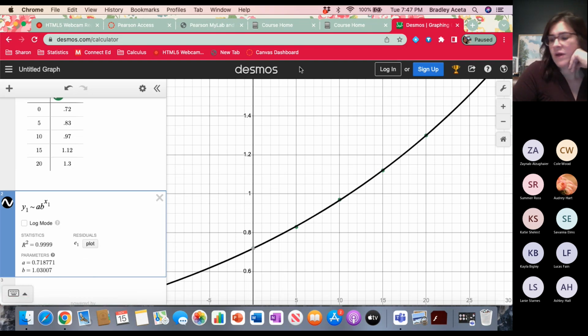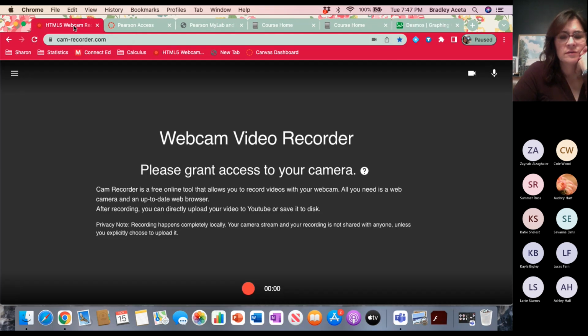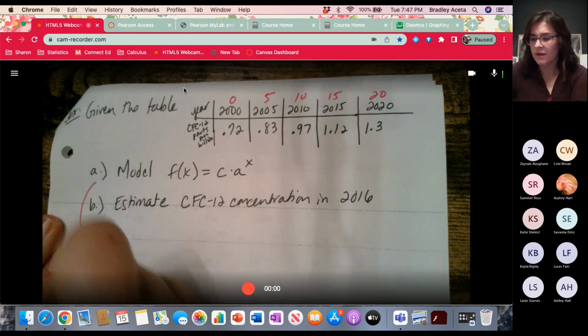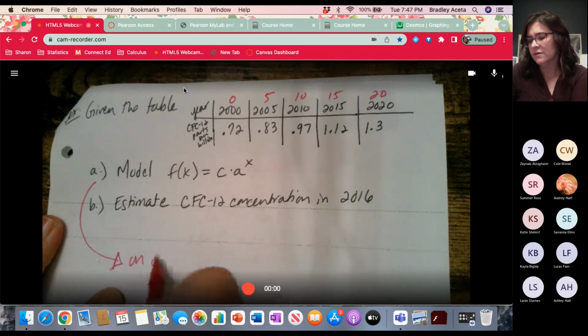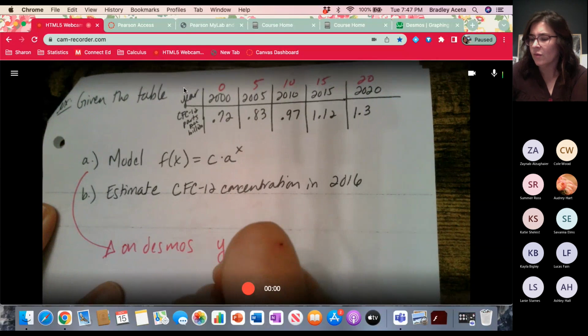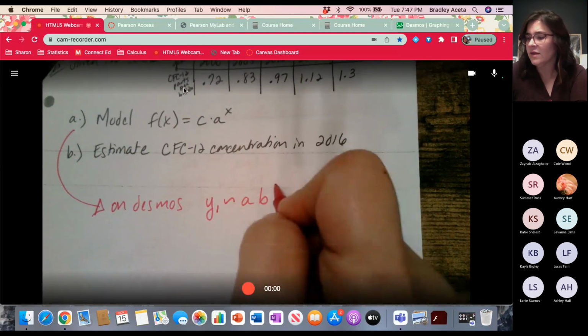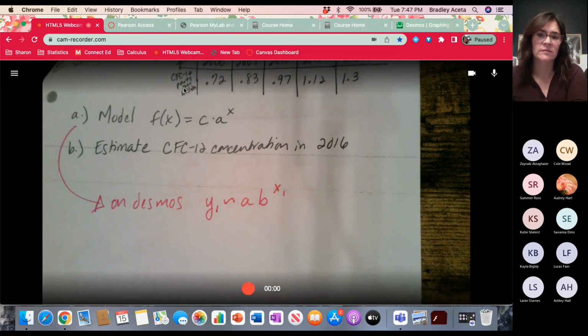And now we're just going to write this out here, and then we're going to estimate the concentration in 2016, which won't be hard. So again, on Desmos, you do y1 sideways squiggle, A, B to the x1.